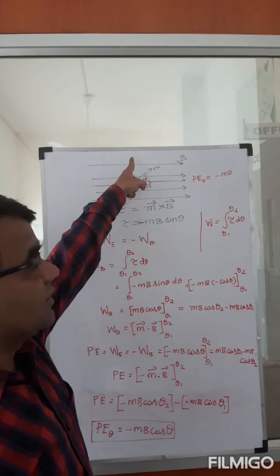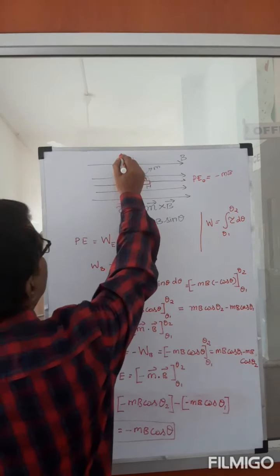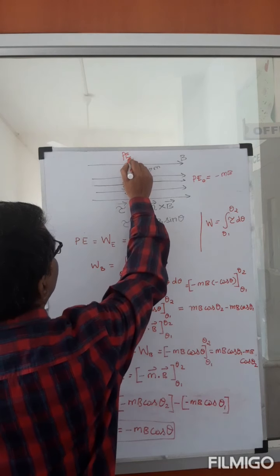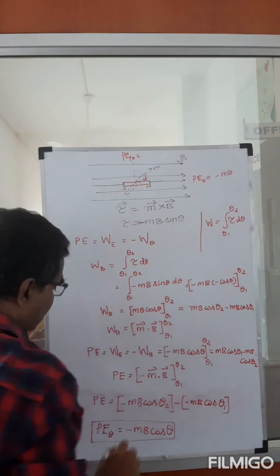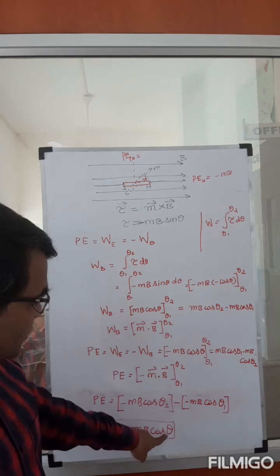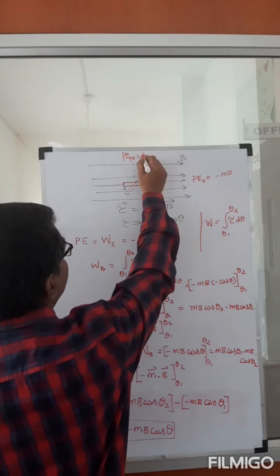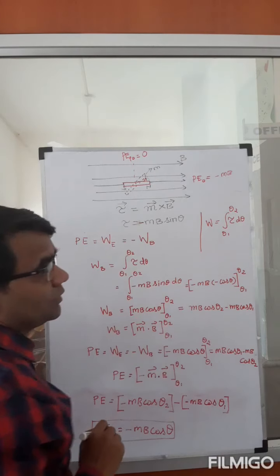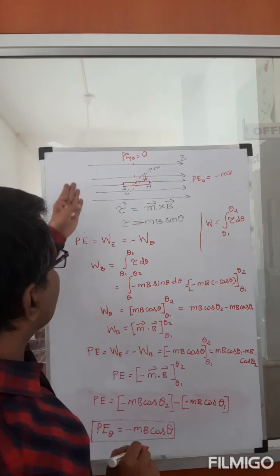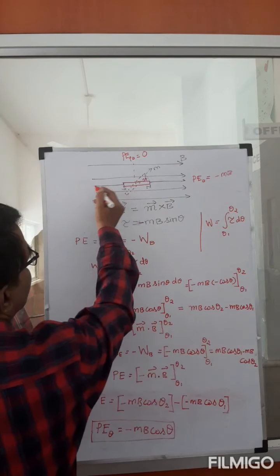Okay, what about potential energy at angle 90? E90 is equal to, if I put cos 90, this is 0, so the whole thing will become 0, so the potential energy is 0 here. And what about angle 180? This side.